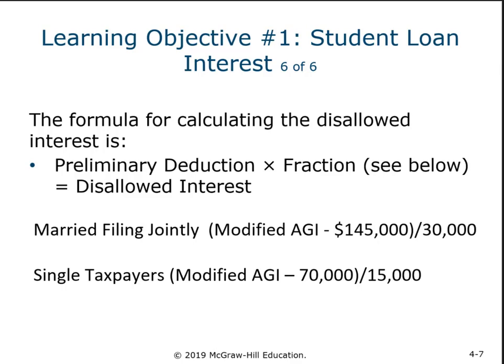That is telling you the percentage that is disallowed. That's how much is not allowed. Then the rest of the $2,500 is allowed. So that's how student loan interest works, and that amount calculated then goes on Schedule 1, assuming that is applicable to our situation.